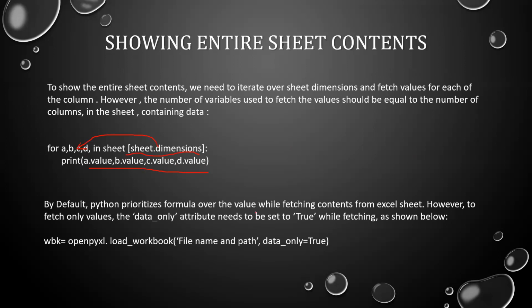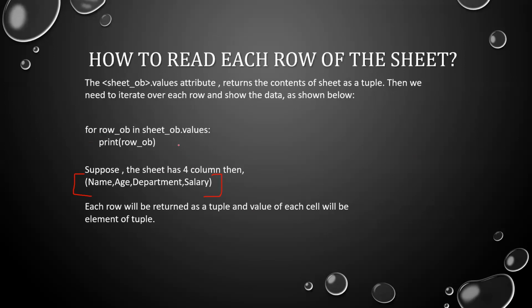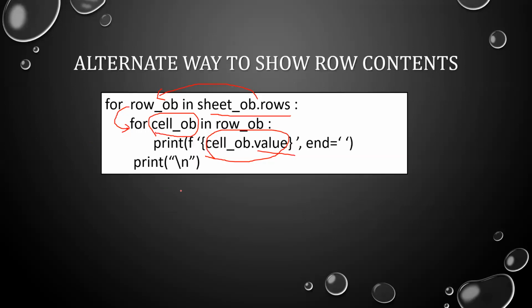The next method says we can have directly a collection of all the rows as tuples, and then we can display the content of each row as a tuple on screen. And an alternate to this is fetching all the rows and iterating over each row to show the cell values contained in that particular cell.